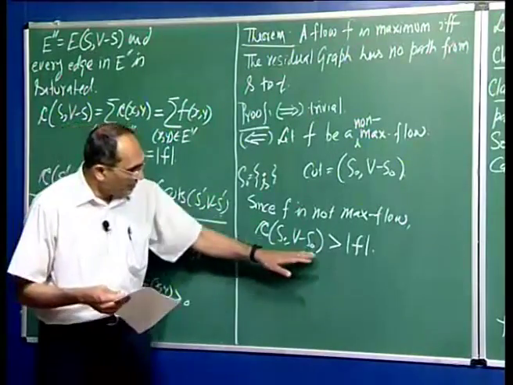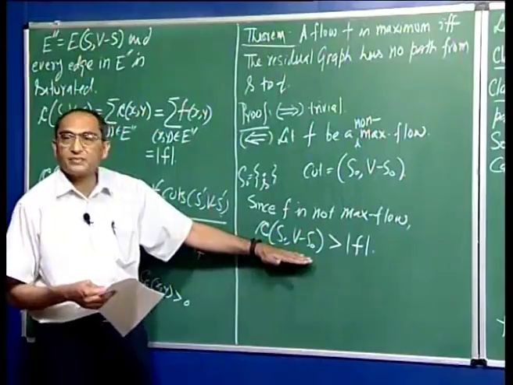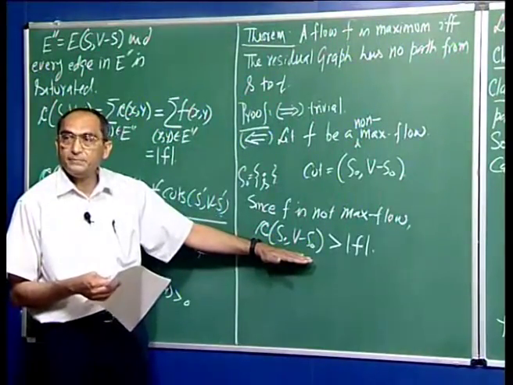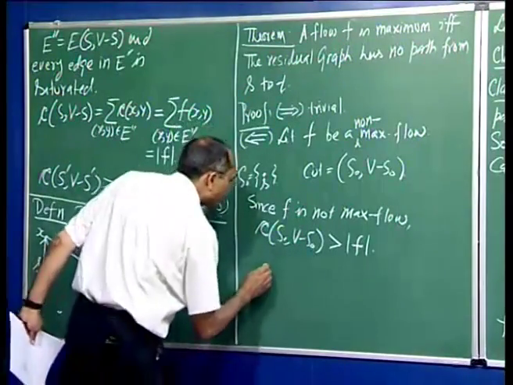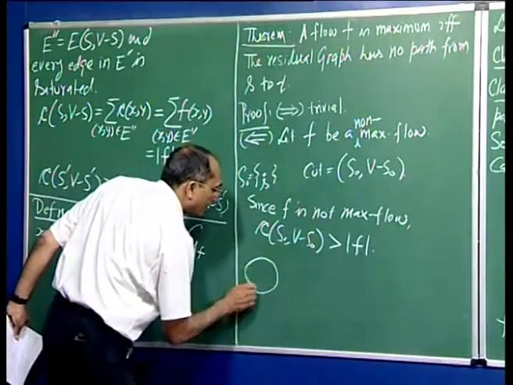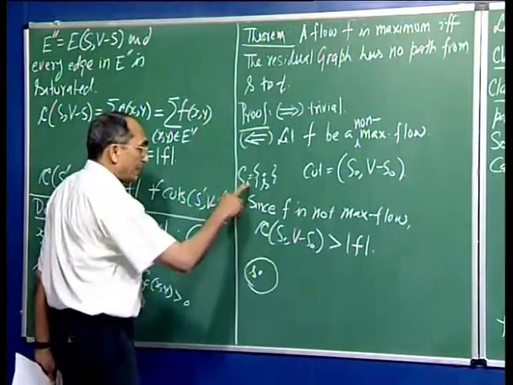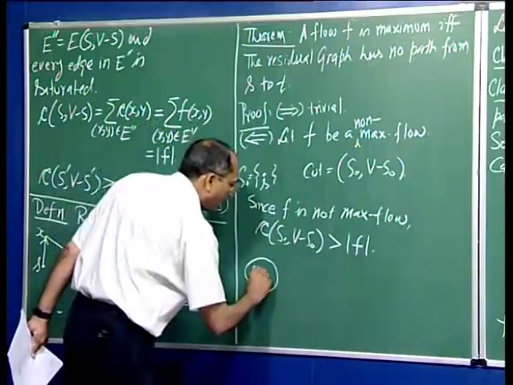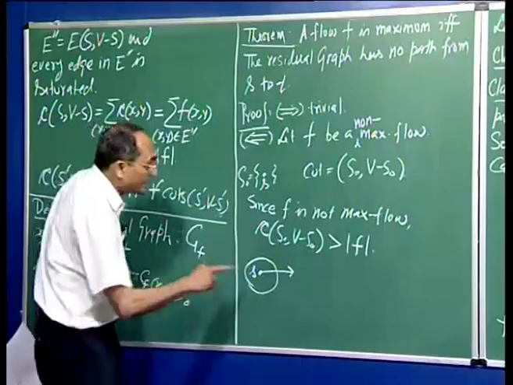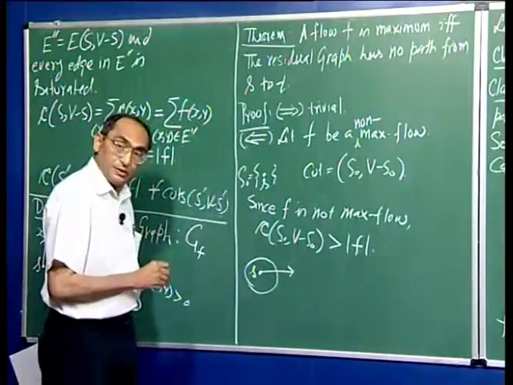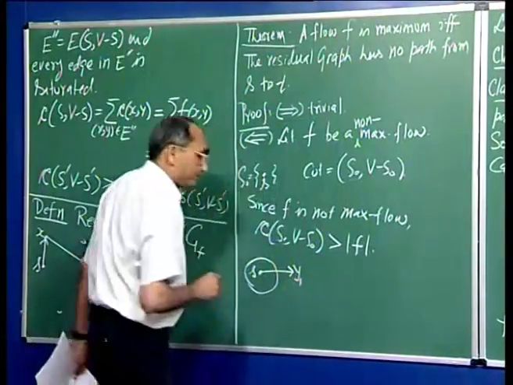What does that mean? It implies that there is at least one edge in the edge set of the cut which is not saturated. There has to be some edge. So, here is our set containing a single vertex. This is set S0. The edges are like these, and there is one such edge which is not saturated. Let us call that SY1.